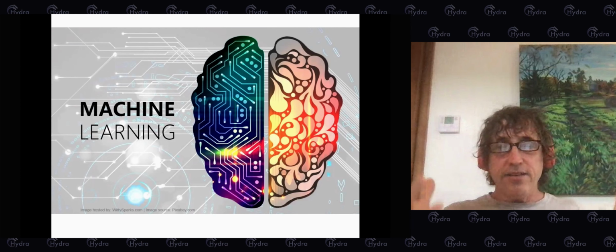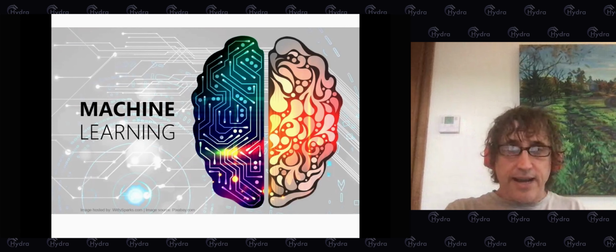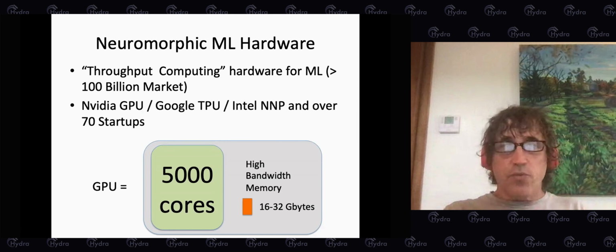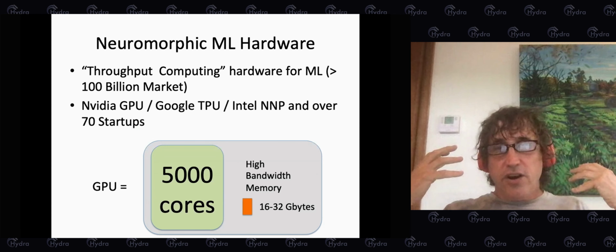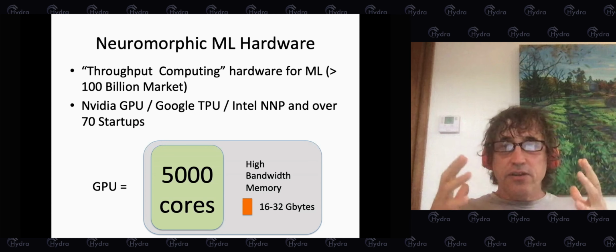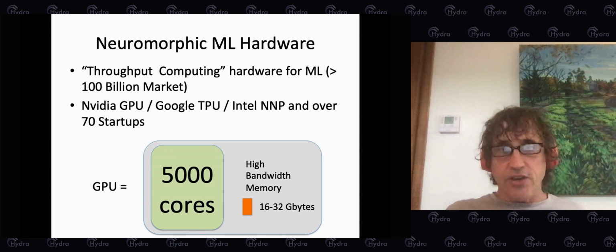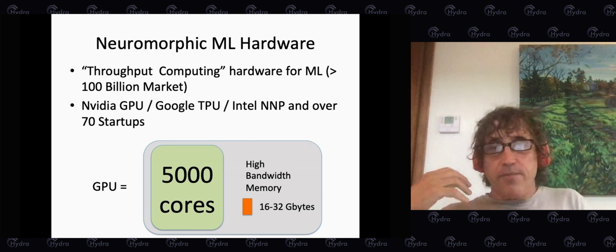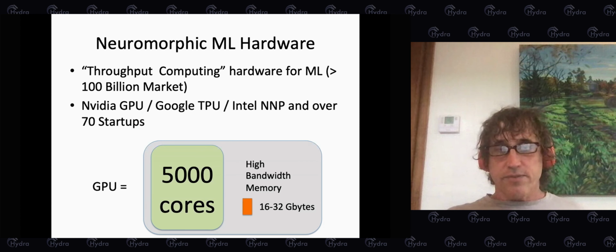It happened to be that when people started working on running machine learning algorithms, the breakthrough happened when people started using GPUs, graphics processing units, to run them.